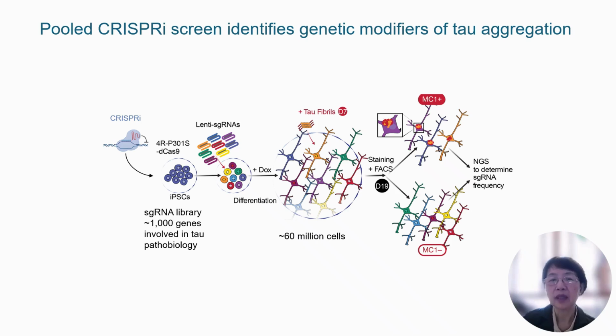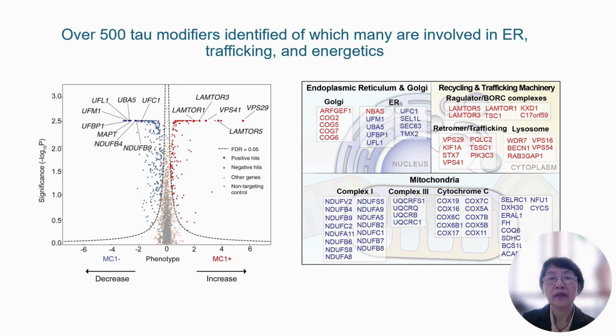The frequency of cells expressing each guide RNA was determined by next-generation sequencing. We identified over 500 positive and negative genetic modifiers of tau aggregation. This volcano plot illustrates the genes whose knockdown significantly increases or decreases tau inclusions compared to cells treated with non-targeting control guide RNAs.